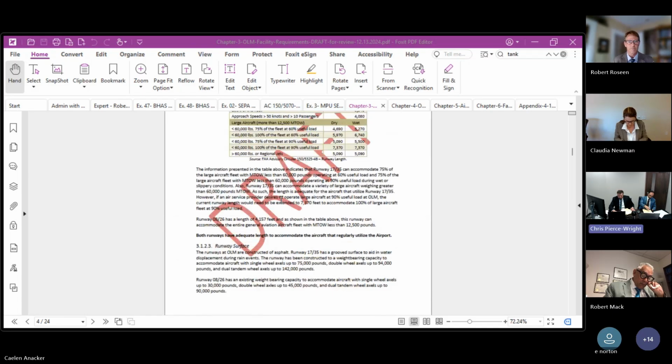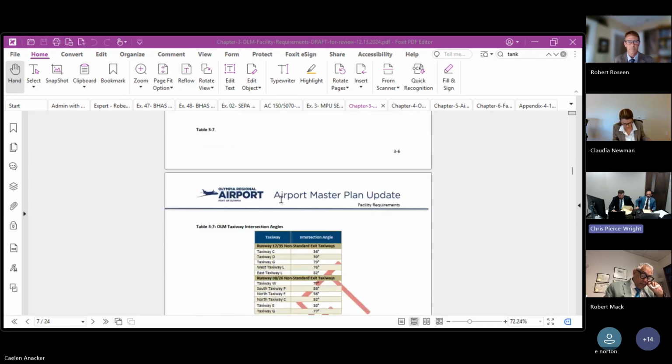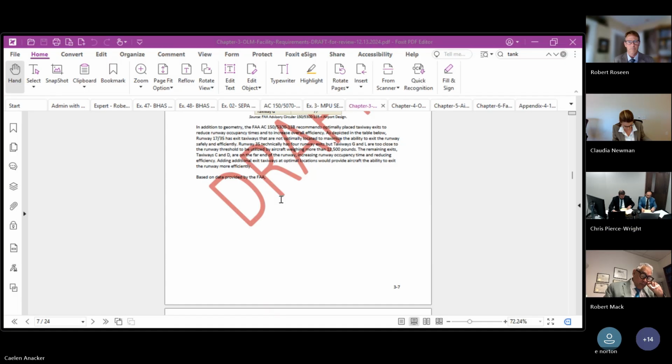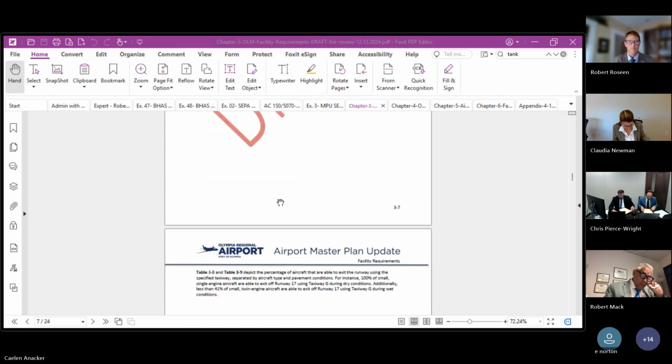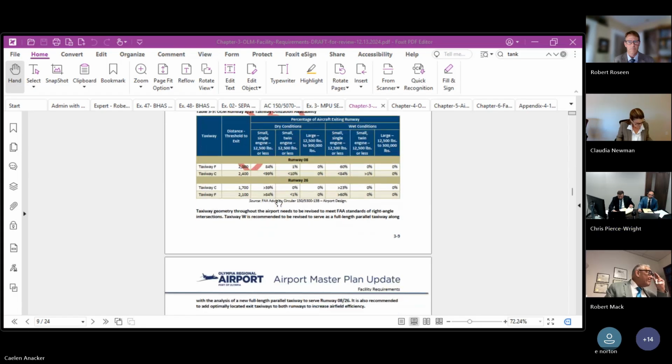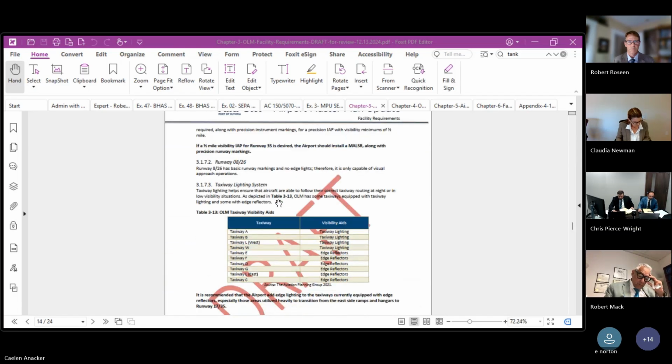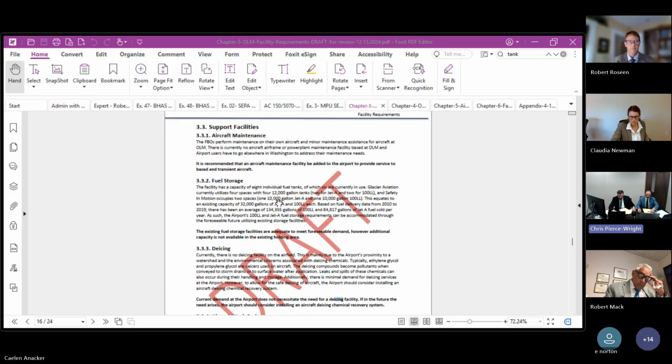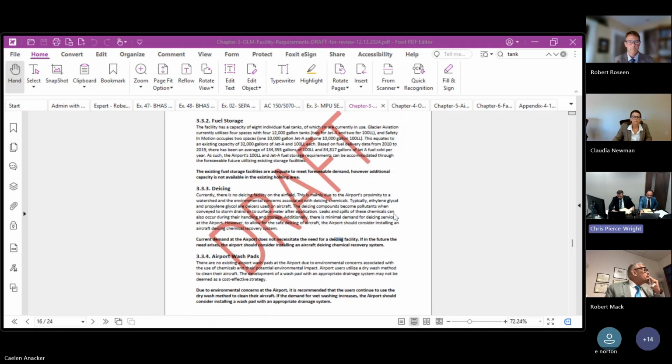Okay. So I'm just going to scroll down a little bit here in Chapter 3. Here we go. We've already gotten in trouble once today for having folks read large sections, but I'm just going to direct your attention to Section 3.3.3, De-icing. Yeah, I see it. There we go. That makes more sense.